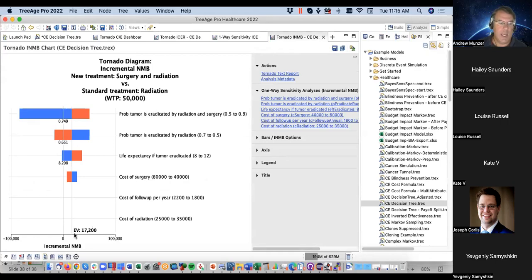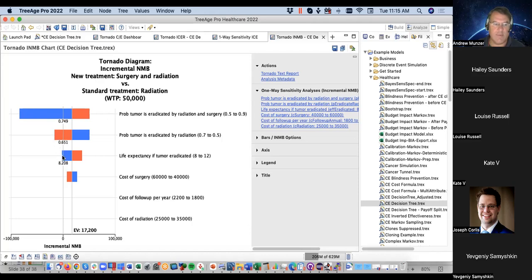And now you see, here's our baseline incremental net benefit, where treatment 2, new treatment, had a higher net benefit than treatment 1 standard. So it was more cost effective. But 3 out of the 6 parameters did have a cost effectiveness threshold where the incremental net benefit became negative, went through 0. So for this part of the range, the standard treatment of radiation was more cost effective.